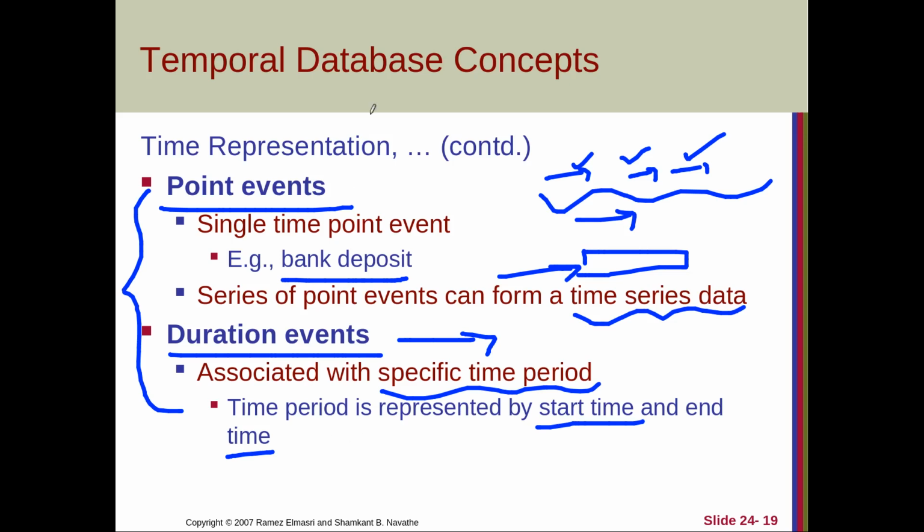So when we consider different database related applications, there will be several events that happen at a particular point, called point events, and there may be several events to be considered within the range of two times or two days, which can be called duration events.